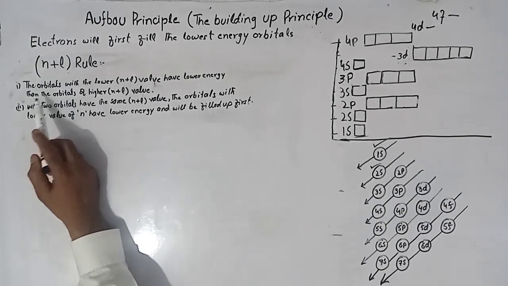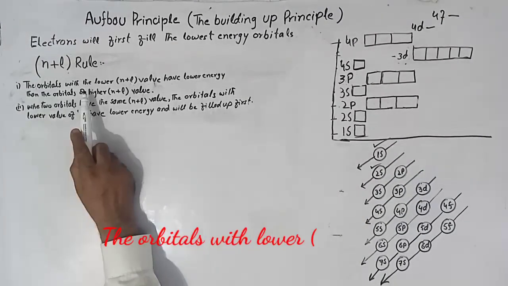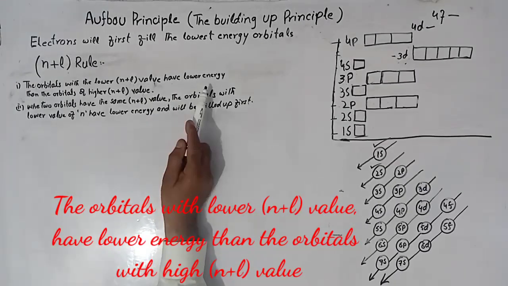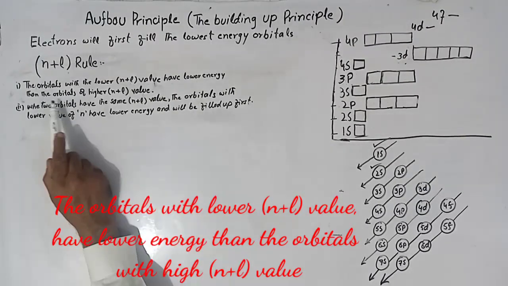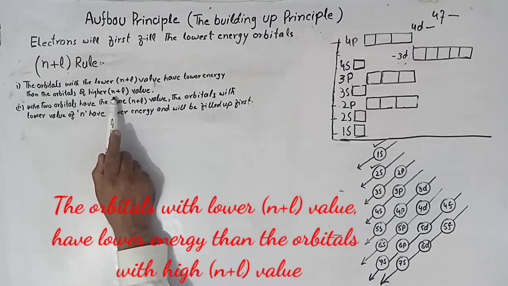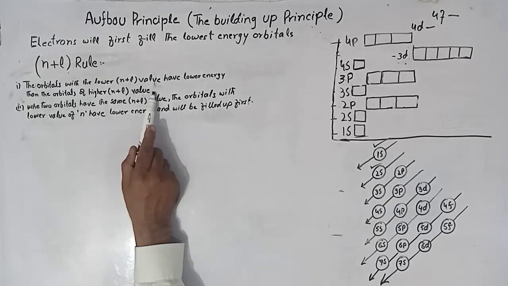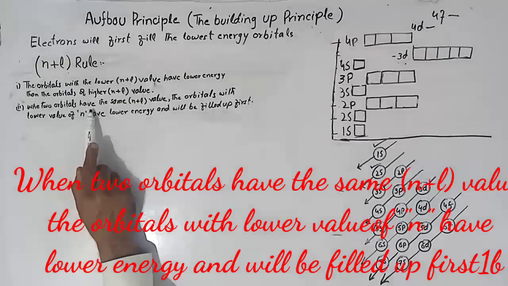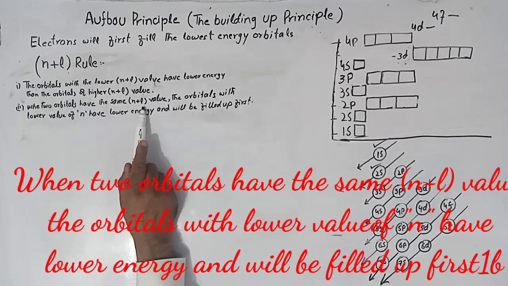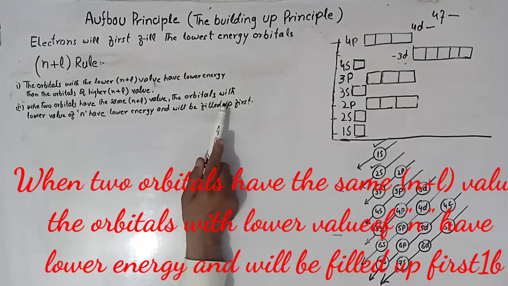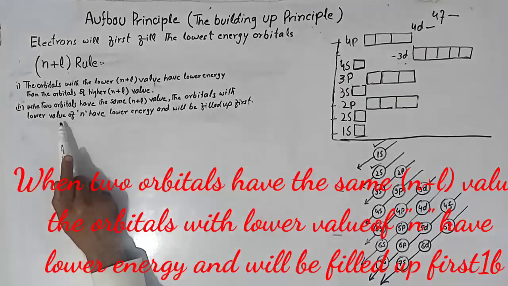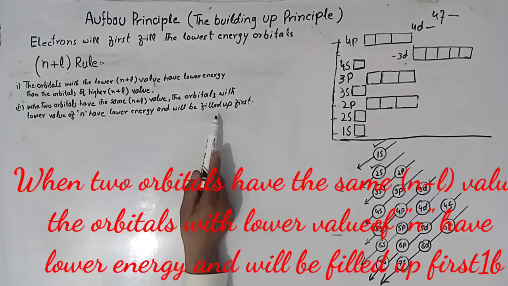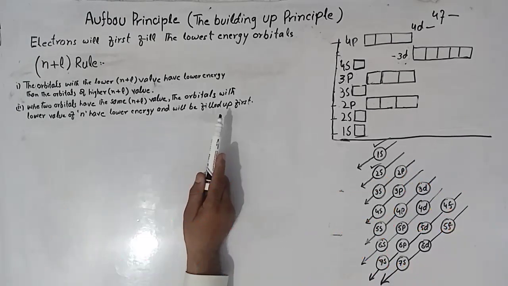The first part is that the orbital with the lower n plus l value has lower energy than the orbital of higher n plus l value. The second part is that when two orbitals have the same n plus l value, the orbital with the lower value of n has lower energy and will be filled up first.